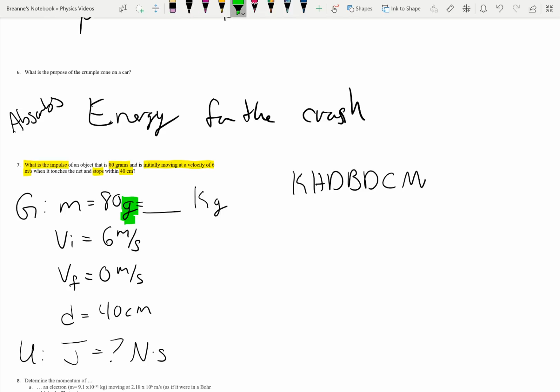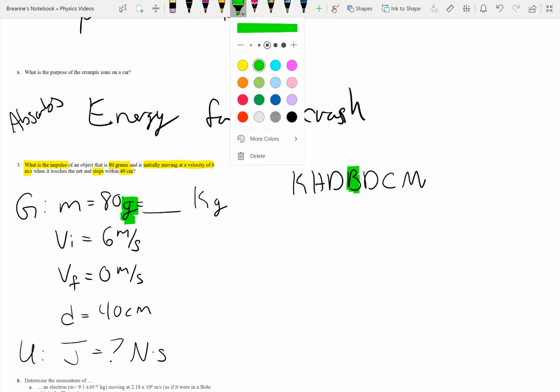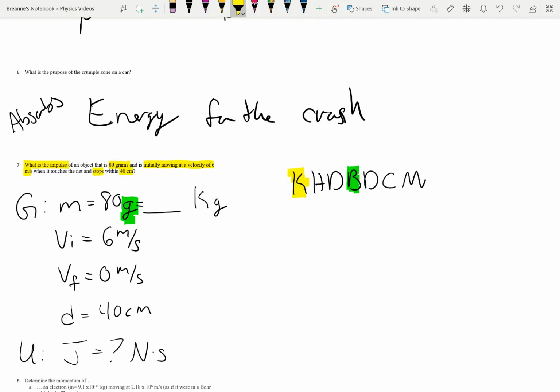Grams is a base, and what we want is kilo. So you're just going to move your decimal over 1, 2, 3 spots. If there is a blank, you put a 0 there. So your answer is going to be 0.08 kilograms.